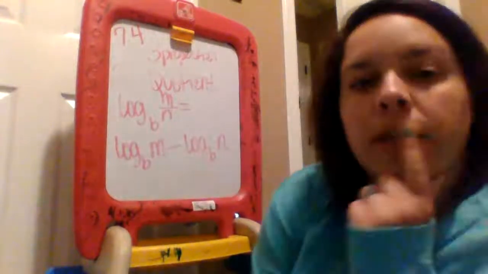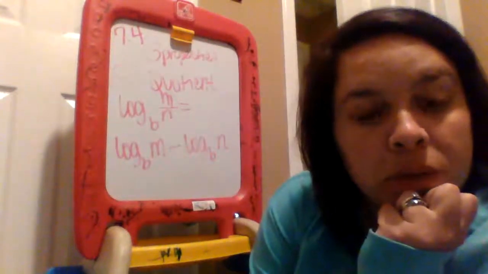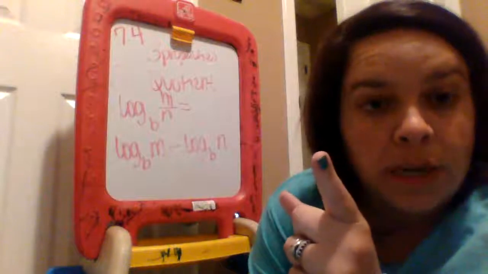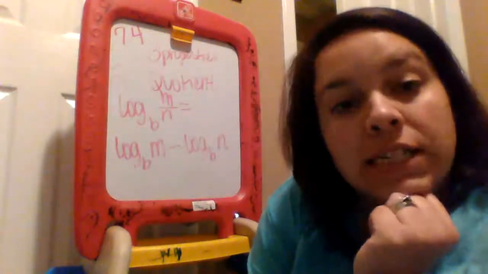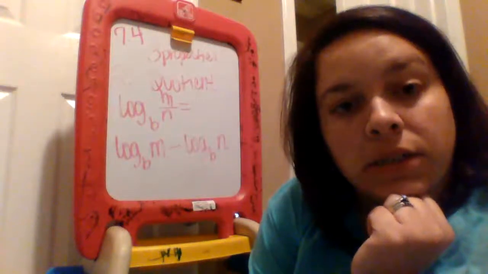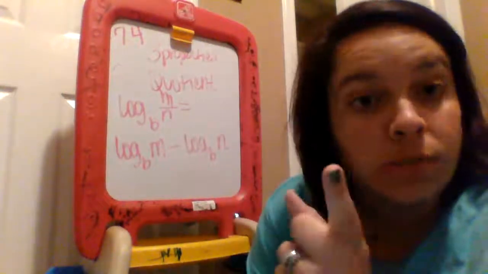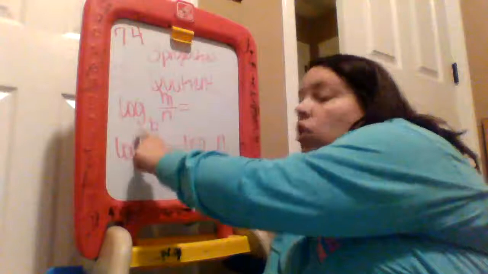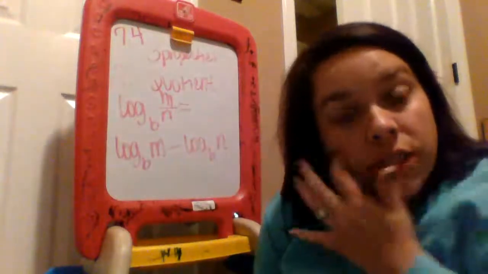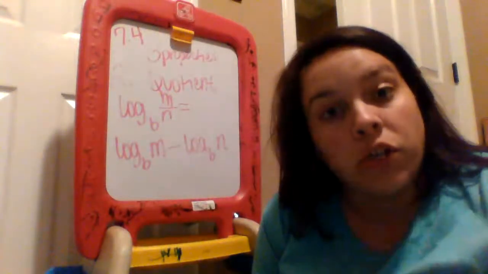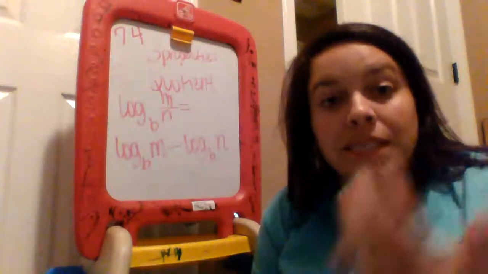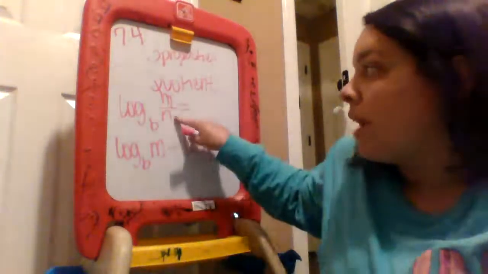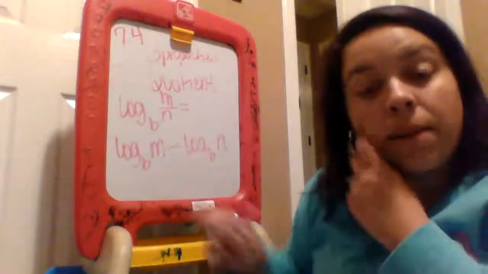Does anybody think these properties look familiar? Exponent properties. Dividing same base. What did you do when you divided same base with the exponent rules? You subtracted. Logs are the inverses of exponents. So when you go to have a logarithmic property, it will be similar. So m divided by n will separate to be m minus n.